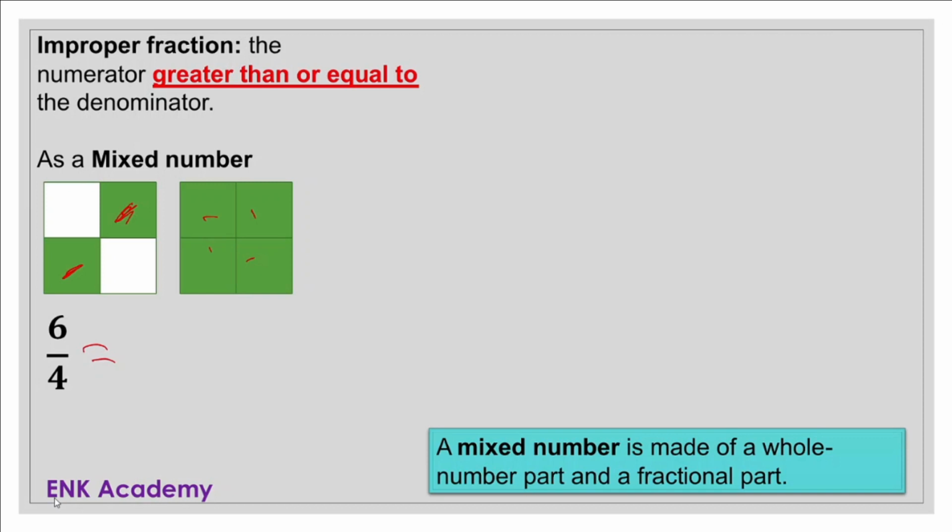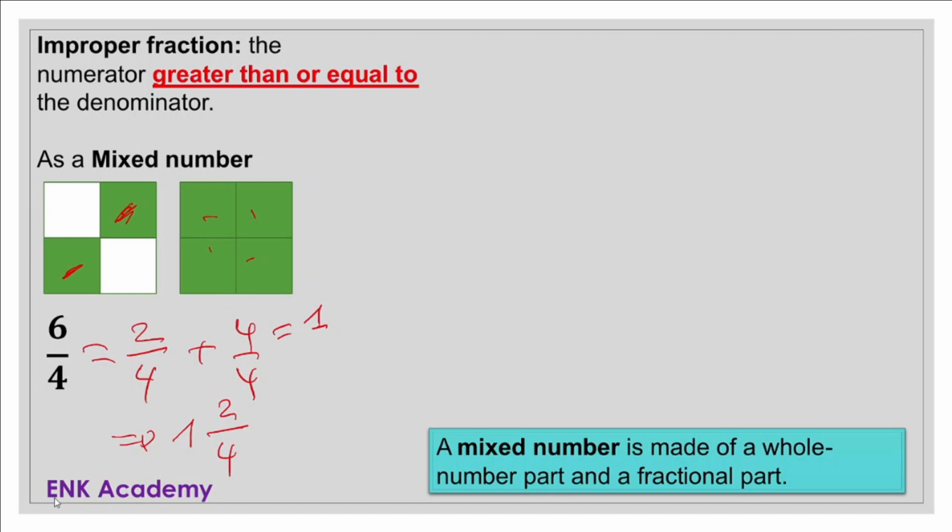This means that we have 2 parts from one whole plus another one, and we know that 4 divided by 4 is equal to 1. That means this one can be written as 1 and 2 over 4. I am not simplifying here because we will learn simplification later on in this video.